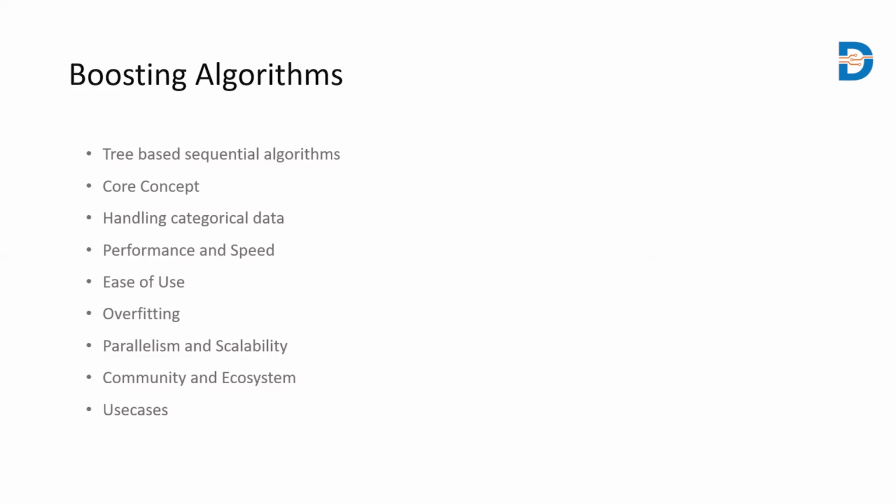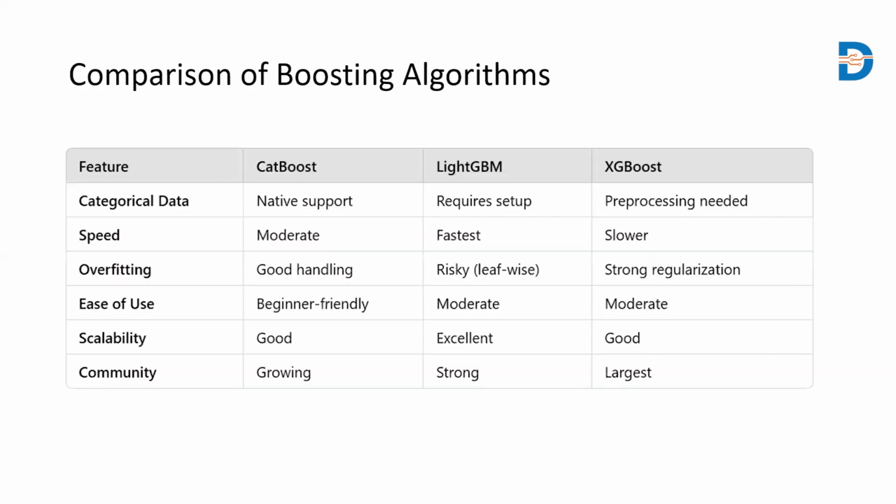XGBoost is general purpose and suitable for computations and varied datasets. So mostly predictive modeling tasks, you find it being applied. Now, the summary table summarizes the comparison of all the boosting algorithms as we spoke, against different features. Each of the algorithms, how does it compare?